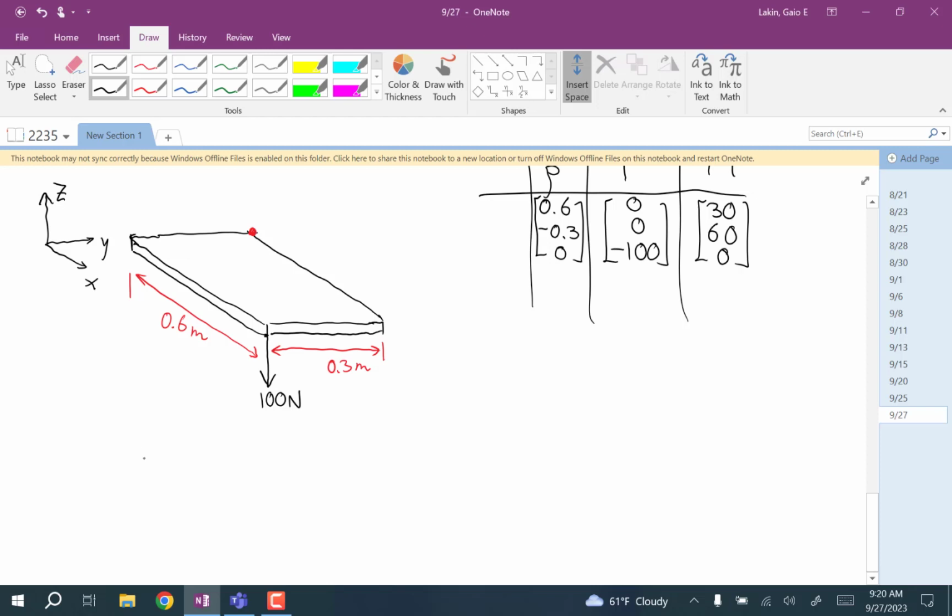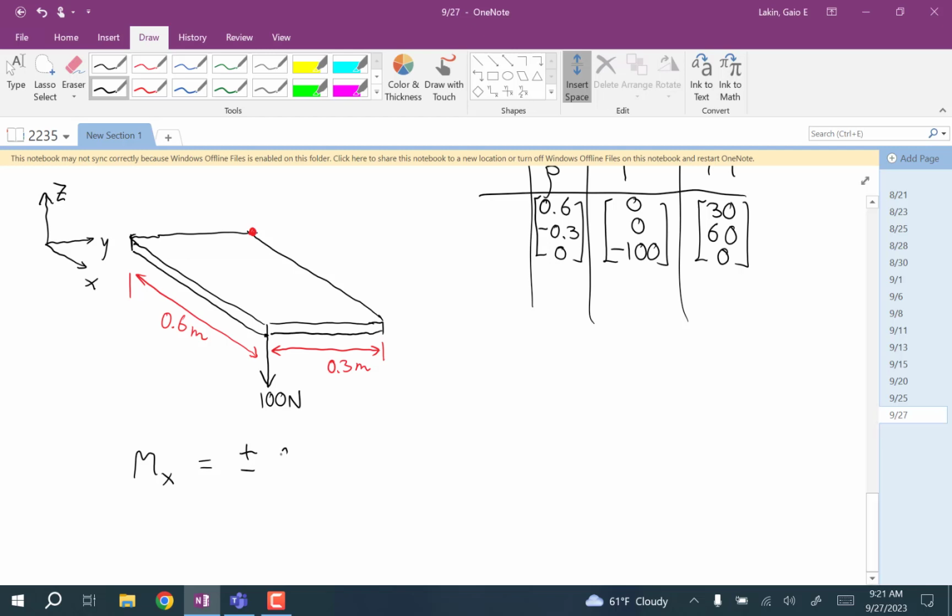So perpendicular to the x-axis, we're going to have plus or minus. What's the moment arm of that 100 Newton force in causing a rotation about the x-axis? Can you see that? 0.3.